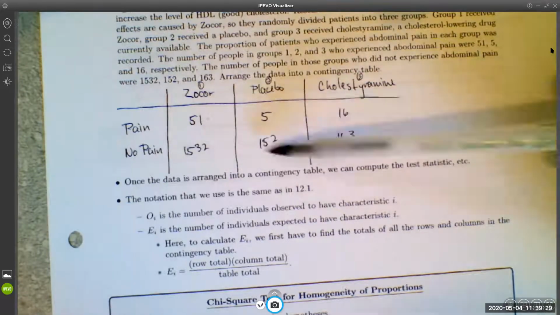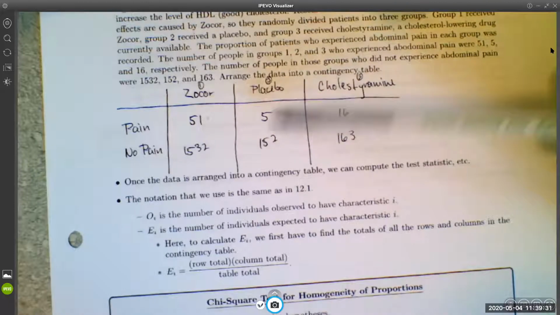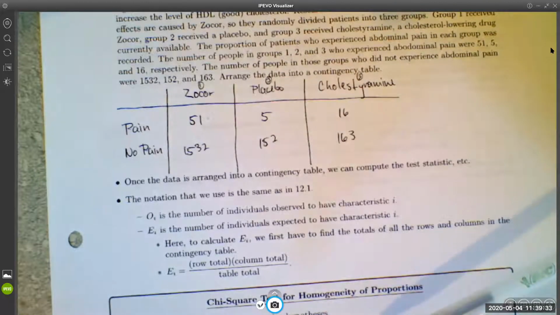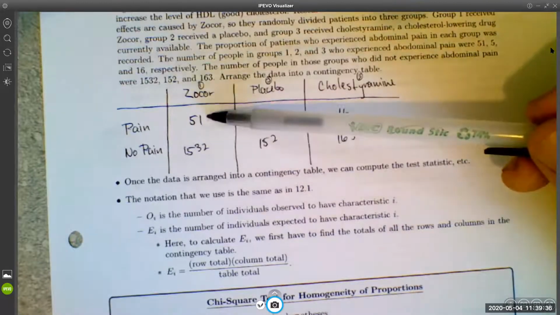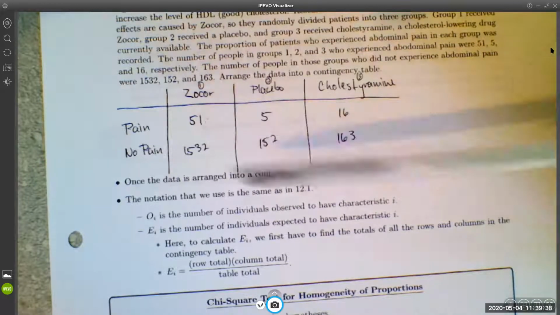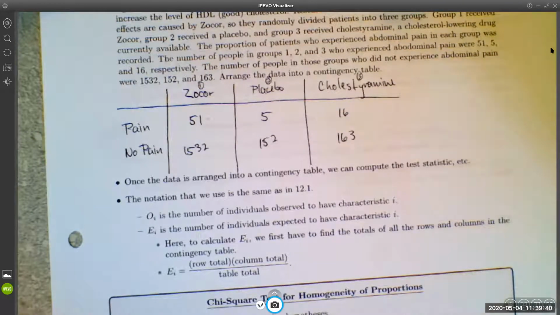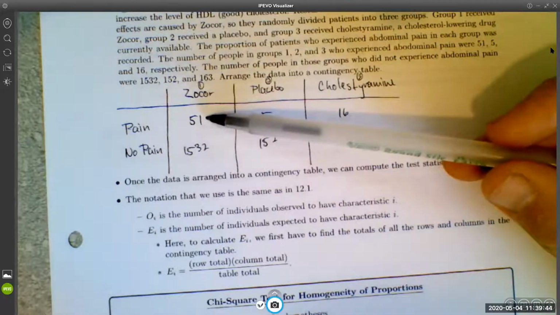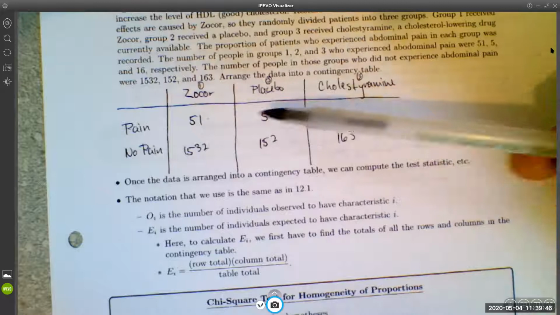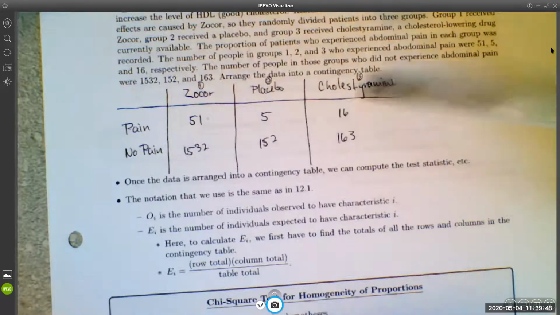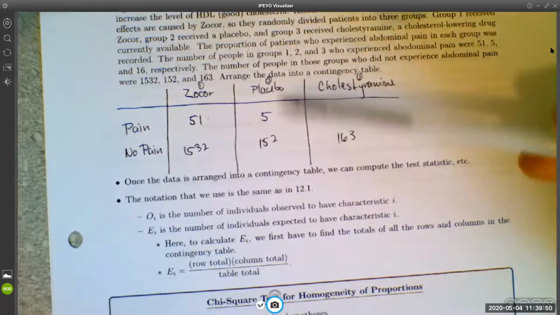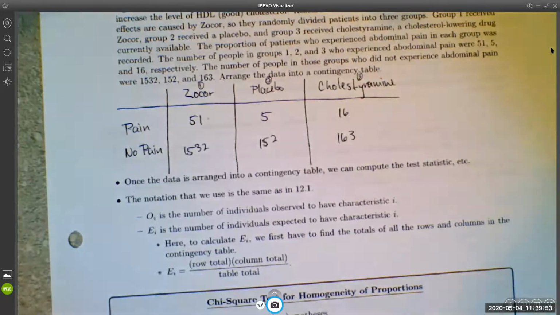In the placebo and cholestyramine groups, there were only about 200 in each of those. So of course, you're going to have a greater number of people with abdominal pain in the Zocor group. That's not really the question. The question is, what proportion of people in the Zocor group experienced abdominal pain versus the proportions of the placebo and cholestyramine groups? But that's how you would arrange this into a contingency table.